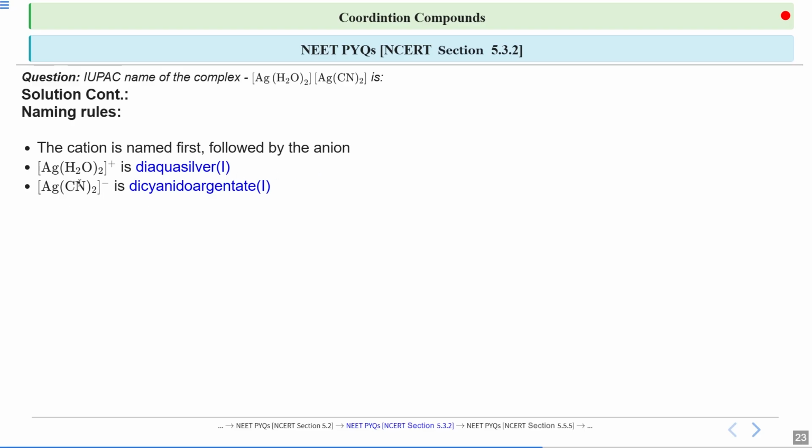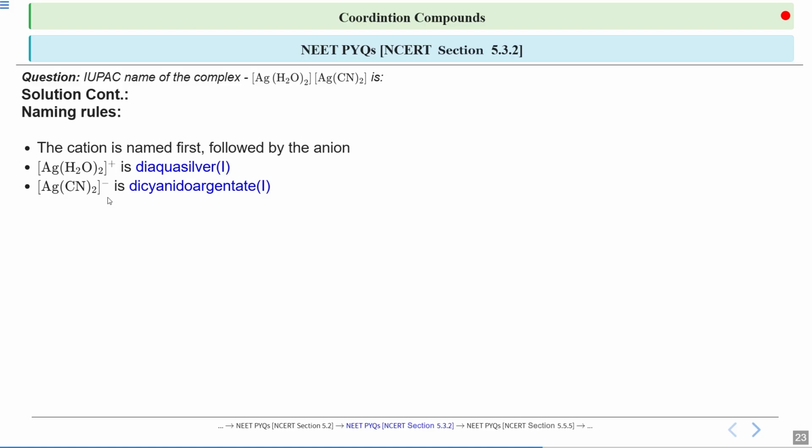Here we have, first of all, to write the ligand name with the number. So dicyanido. Why cyanido? Why are we introducing an O at the end of the name? Because it is an anionic ligand. So dicyanidoargentate, because we call silver argentate, and the 'ate' is coming at the end of the name because this is an anionic complex.